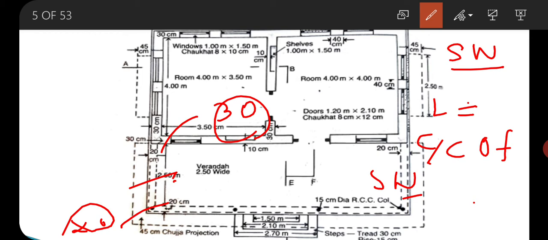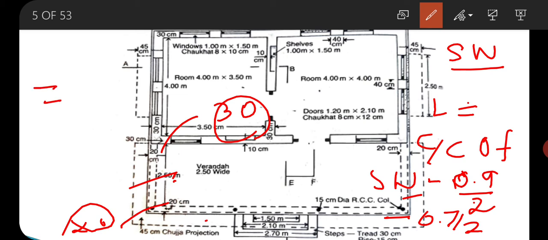So from the center to center length of the short wall, we will subtract half of the width of the foundation of the 30 centimeter wall, and then subtract half of the width of the foundation of the 20 centimeter wall. The center to center length of the short wall for the veranda is 2.75.